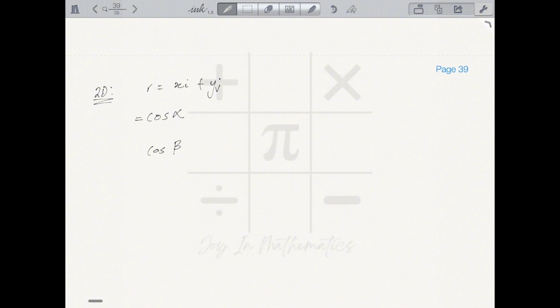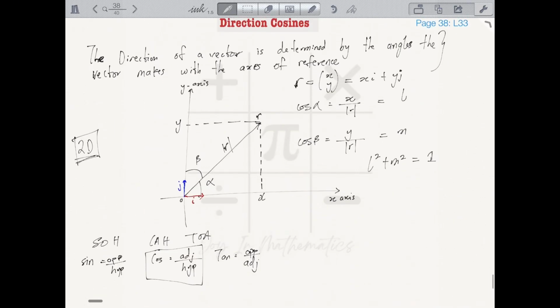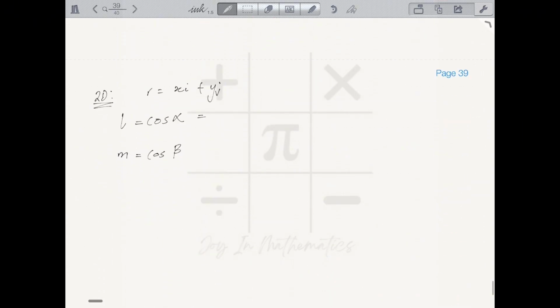We call cos alpha L, and cos beta we equate to M. Cos alpha, as we have seen, is equal to x divided by the modulus of R, and cos beta will be y divided by the modulus of R. So we can come to a conclusion that L squared plus M squared is equal to 1.